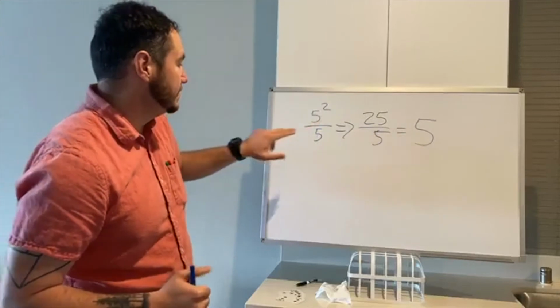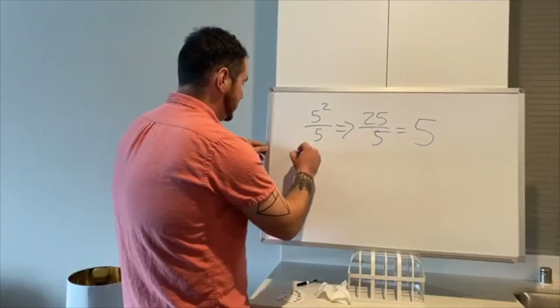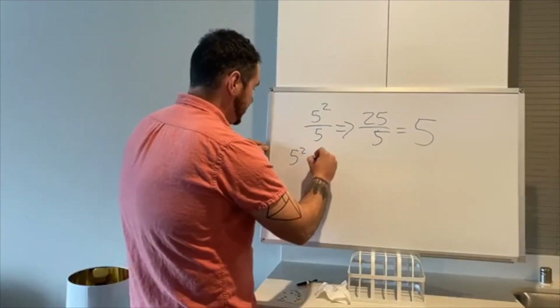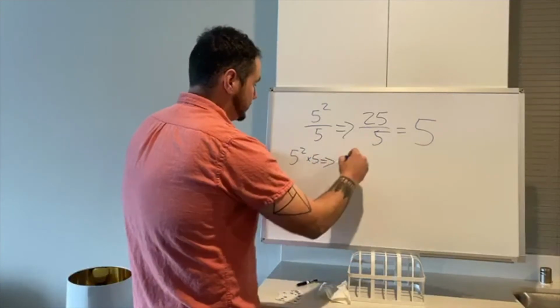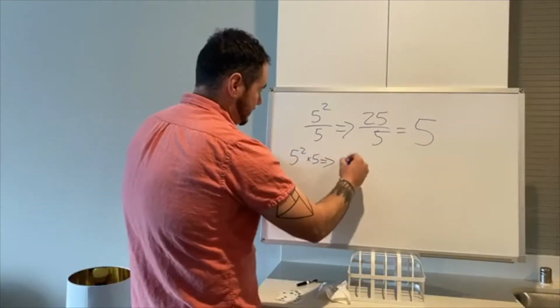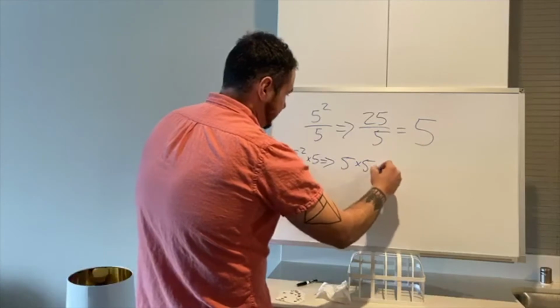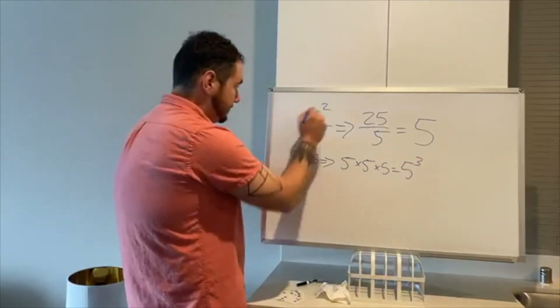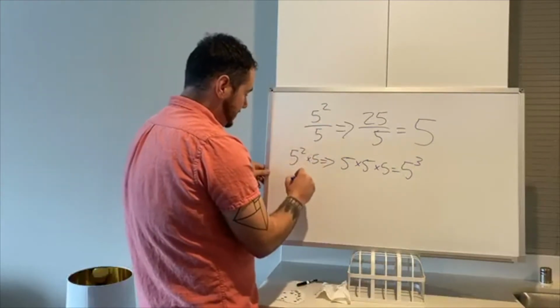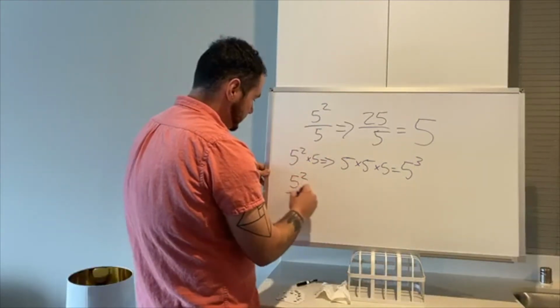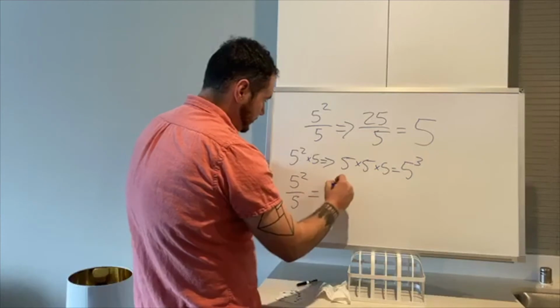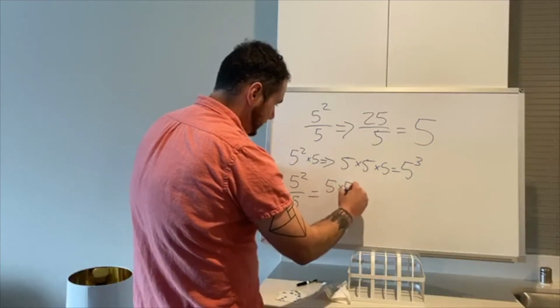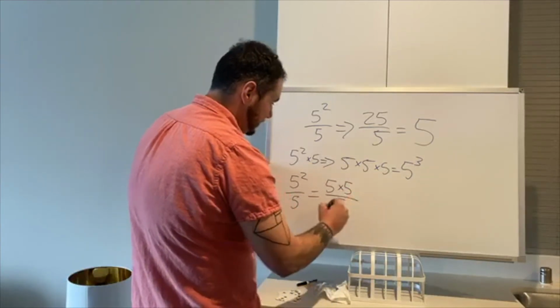Now what you're doing here is rather than saying 5 squared times 5, well, that's just equal to 5 times 5 times 5. Alright? So that's going to be 5 cubed. But if we do this one, 5 squared divided by 5, what that is equal to is going to be 5 times 5 divided by 5.